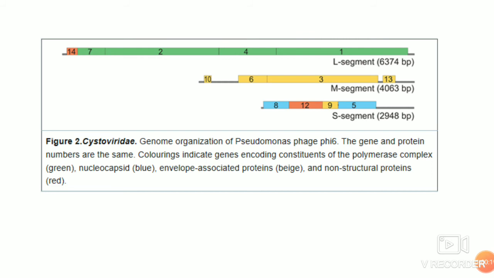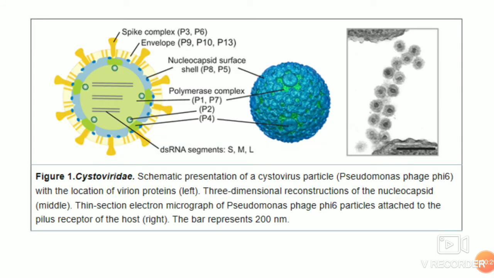Receptor spike protein P3 is anchored to the envelope via the P6. In some cystoviruses, the spike is composed of several different polypeptides. Protein P8 forms the nucleocapsid surface shell or is associated with the membrane.